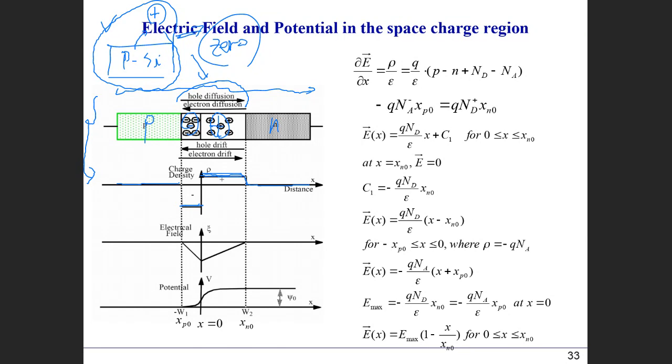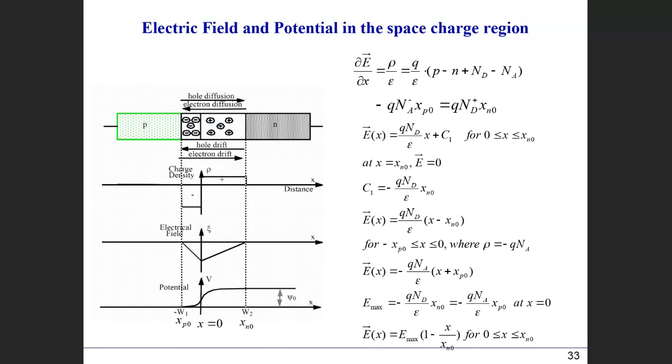Of course, here we assume that the charge changes abruptly within the depletion region. In reality, this charge distribution can vary. It can be linear or some kind of function within the depletion region. But for this particular example, let's just assume we have this kind of charge distribution.